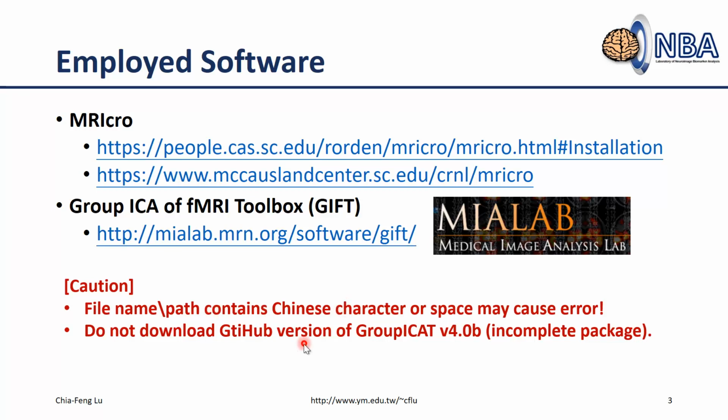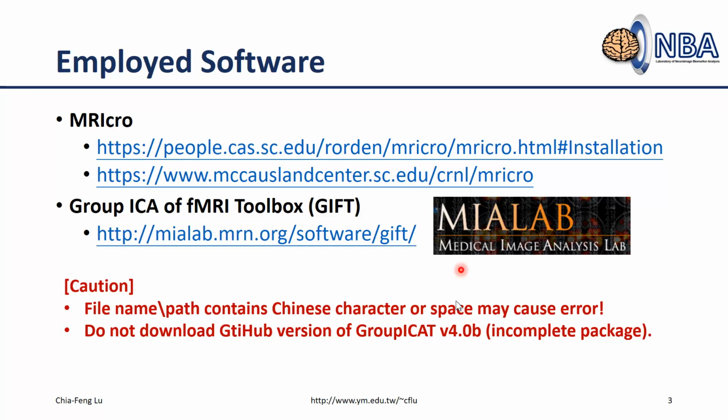Okay. And another thing, the MIA lab provides two versions of the GIFT toolbox. One is directly from their website, and another is from GitHub. But be very aware of this point. They claim that these two versions are identical, but actually they are not.